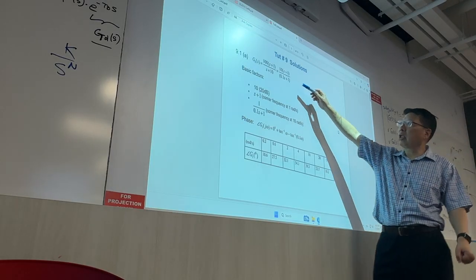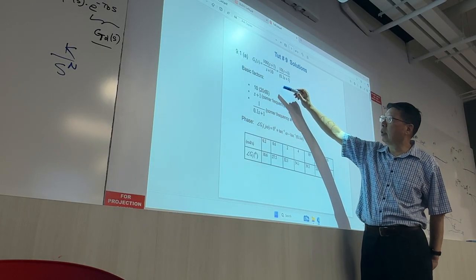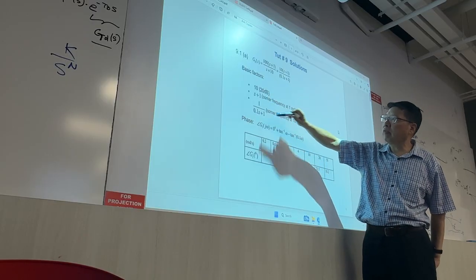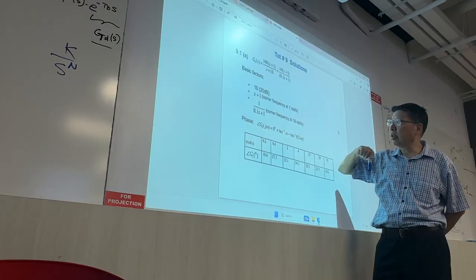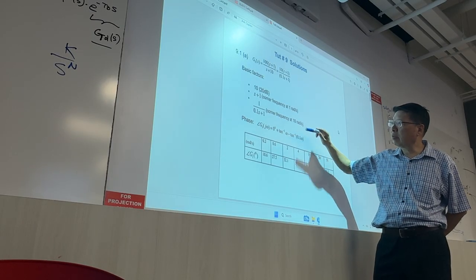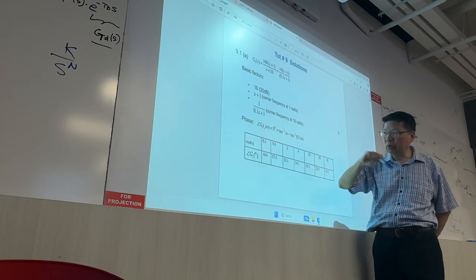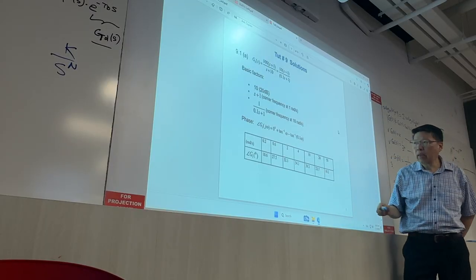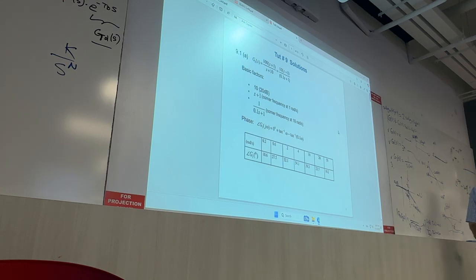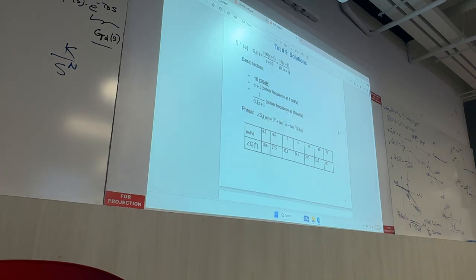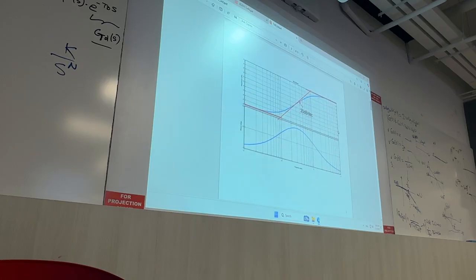So once you normalize it, you identify 3 basic factors, and they are at 1 and at 0, at 10 radians per second, and the phase angle, you can write it out and construct the table for the phase. Then you can construct a whole plot easily.